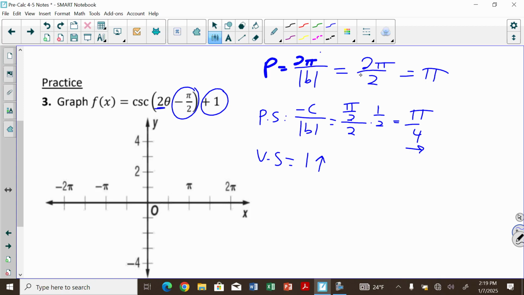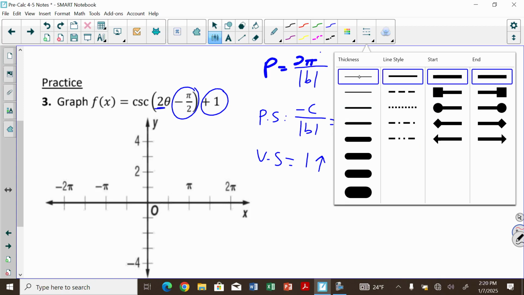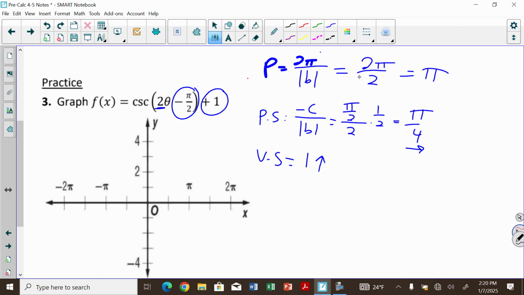Now, I did say we'd point something out over here. It's a period of pi, but we have to think that we have 2 halves to draw on the graph: one parabola going up and the other going down. So we have 2 halves that need to fit within pi, because that's our period.